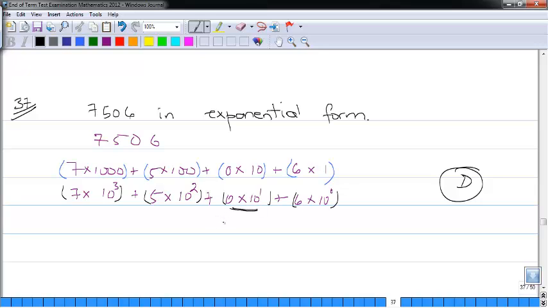As you would notice in the answers, they only have 3 levels here, because really there's no 10, because 0 times anything is going to give you 0. So it would be 506. So they have as their answer 7 times 10 to the third plus 5 times 10 squared plus, they have nothing here, plus 6 times 10 to the 0 power.